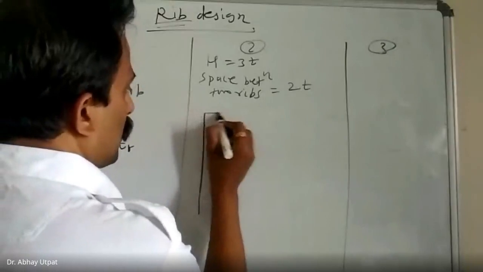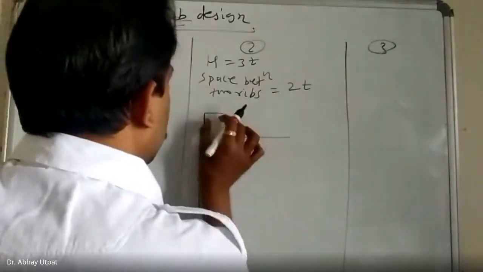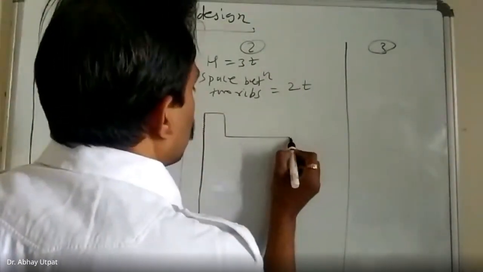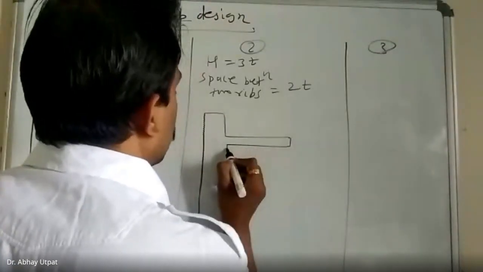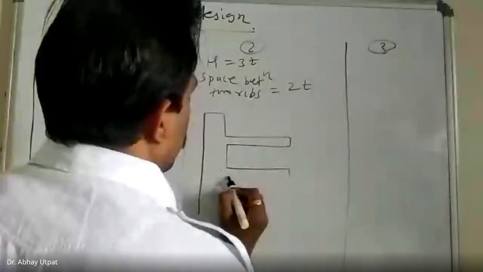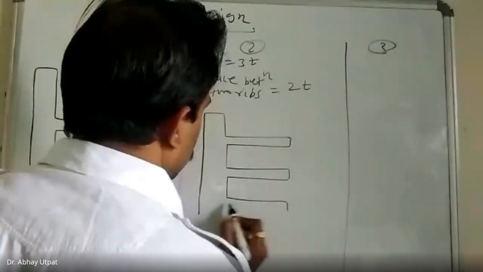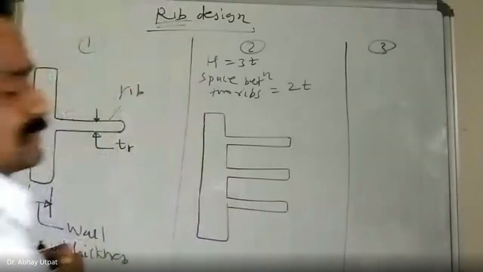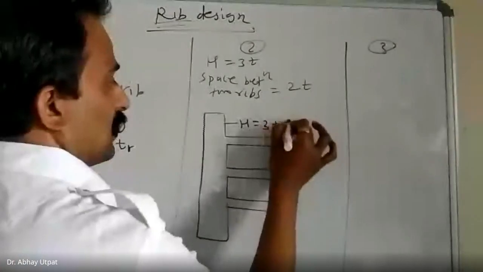Same figure I will draw. See this. This H is equal to 3T.